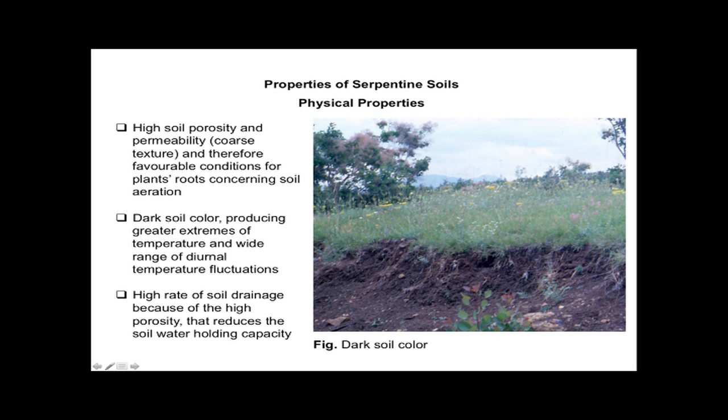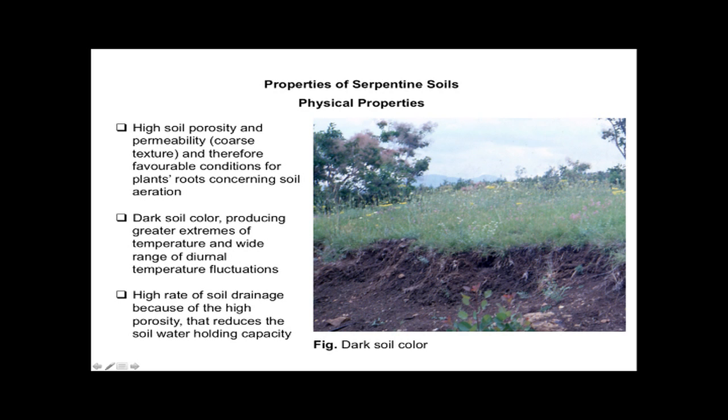Another characteristic is the dark color of the soil, which is not because of a high content of organic matter, but because of the serpentine rocks from which these soils are formed. This dark soil causes extreme temperatures and a wide range of diurnal temperature fluctuations, so it makes a not very nice environment for plant growth.